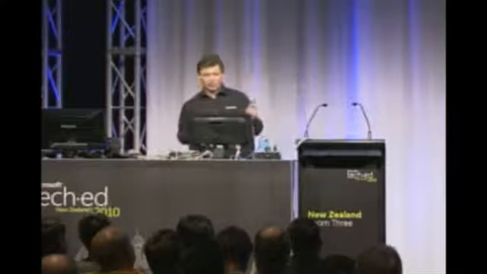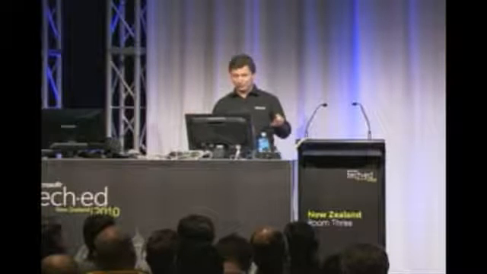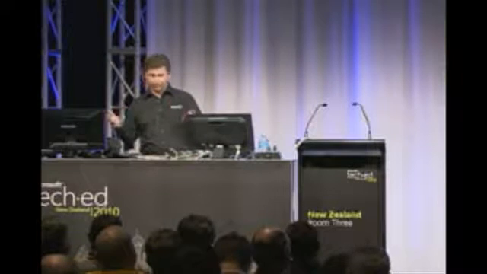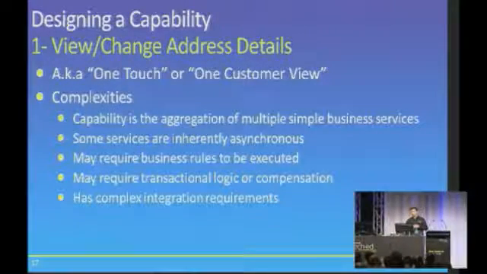So, some complexities with the overall solution. Firstly, the whole capability is the aggregation of multiple simple business services. So we have 4 simple business services available. I mean, they may not be readily available, but they're available. We can change account information in each of the systems. Some of the systems are inherently asynchronous. Mainframes are a notable example and usually cannot be left out of the equation.